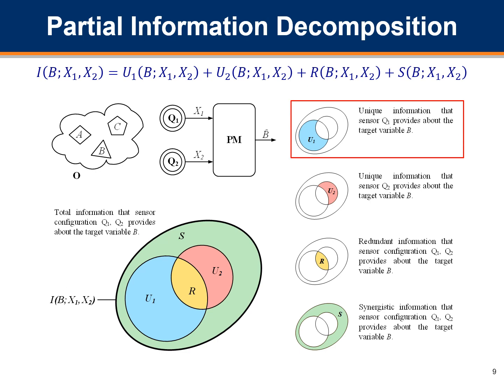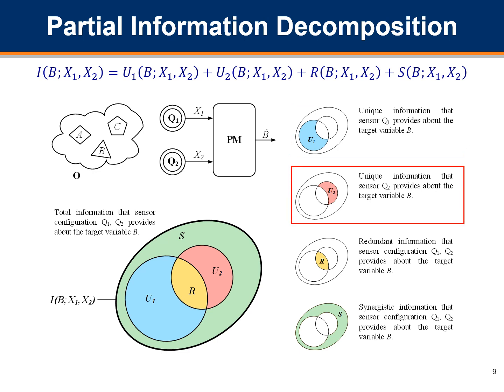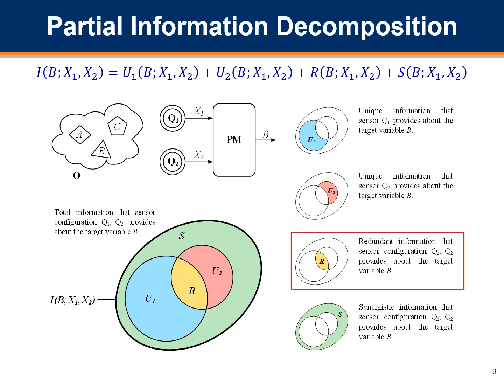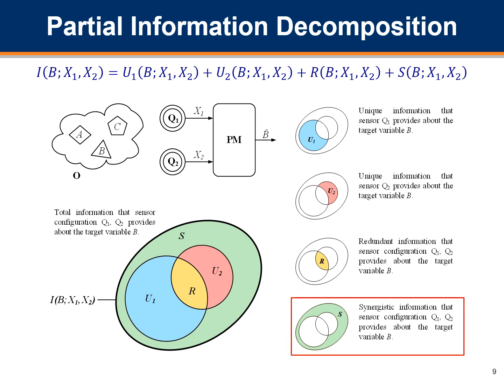U1 is the amount of unique information that x1 conveys about b. U2 is the unique information that x2 conveys about b. R gives the redundant information shared by x1 and x2, and S is the synergistic information that x1 and x2 in combination have about b. This concept itself can also be applied in cases where the number of sources is greater than 2.